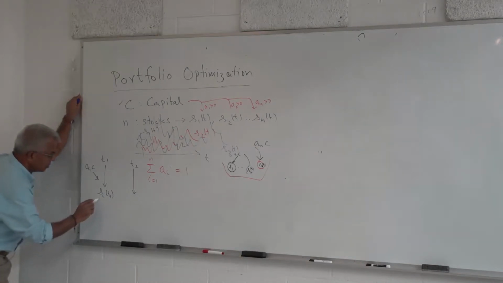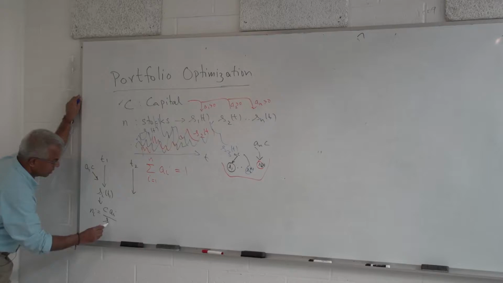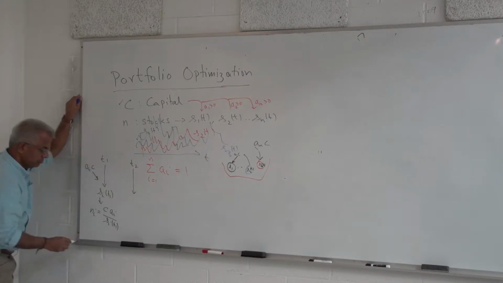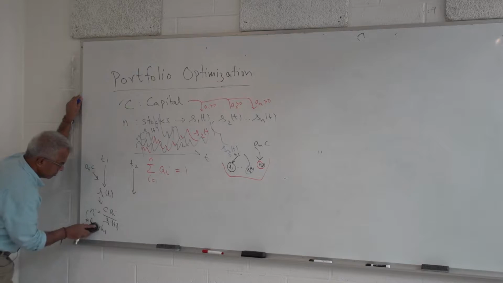So the number of stocks we could buy, Ni, is going to be the total money invested divided by the current value. This is the number of ith stocks in the portfolio.